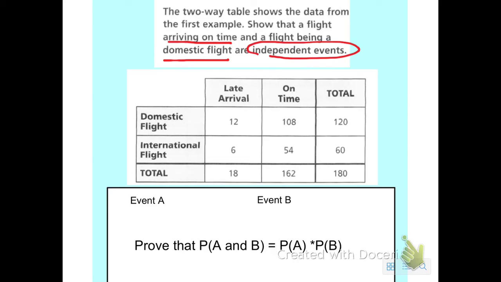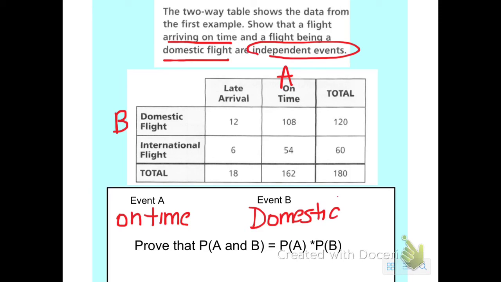All right, so if we label the table, on time would be A, domestic would be B. Now we want to prove that. We can use the chart to find the intersection, the probability of A and B, by finding the intersection of on-time domestic flights would be 108 out of a total of 180.